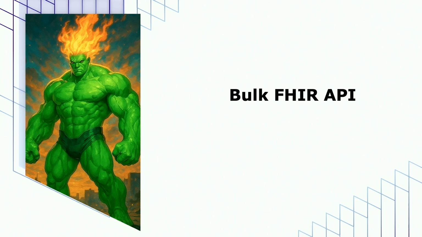Bulk FHIR is not a REST API. Bulk FHIR is a format to represent large quantities of FHIR data, like hundreds of patients and a certain set of FHIR resources for those hundreds of patients, or maybe hundreds of FHIR resources for a single patient.